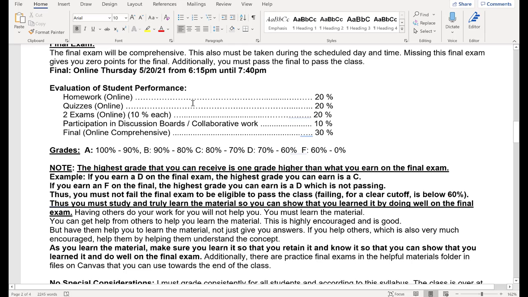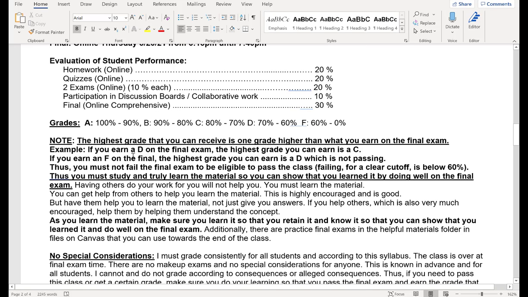Evaluation of the course, 20% homework, 20% quizzes, 20% for the 2 exams or 10% each. Discussions, 10%, and the comprehensive final is 30%. Grades are your typical grades, A, 100 through 90, etc. Now please note, the highest grade that you can receive is 1 grade higher than what you earn on the final.